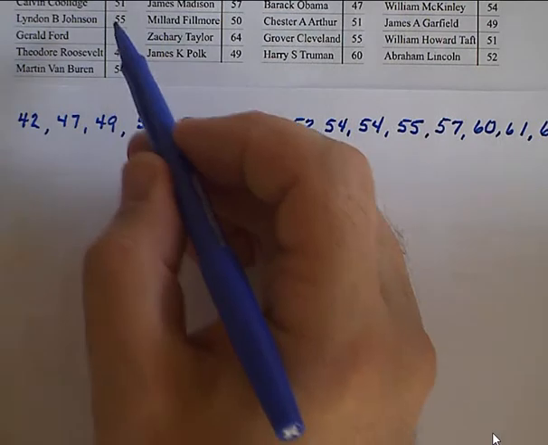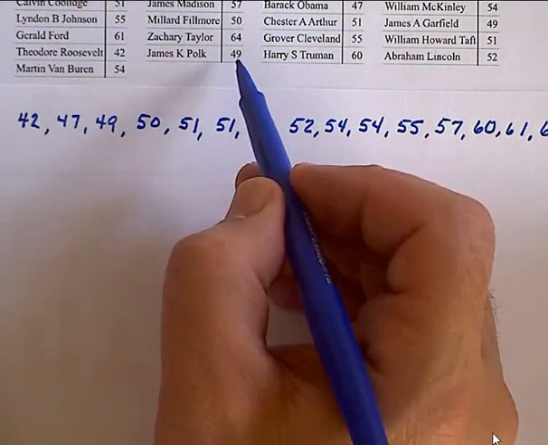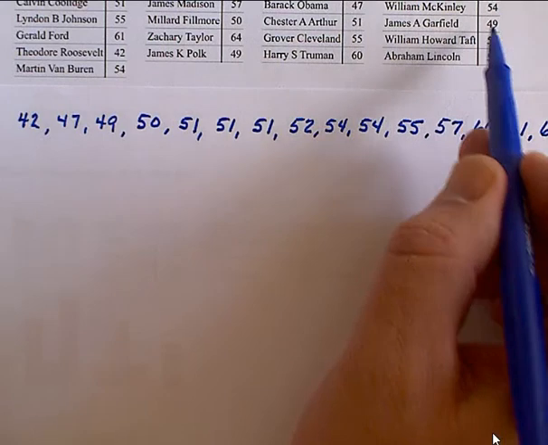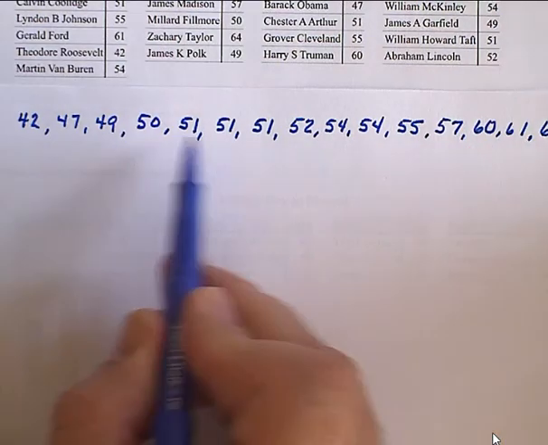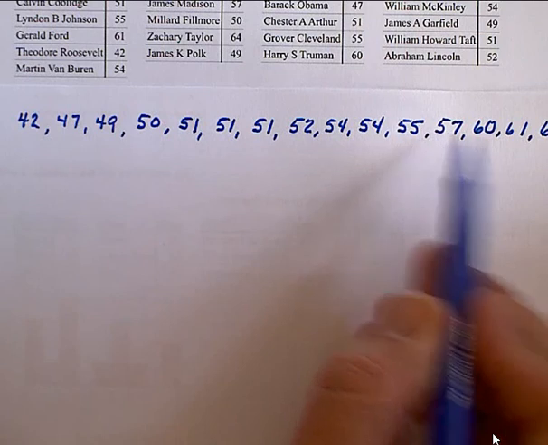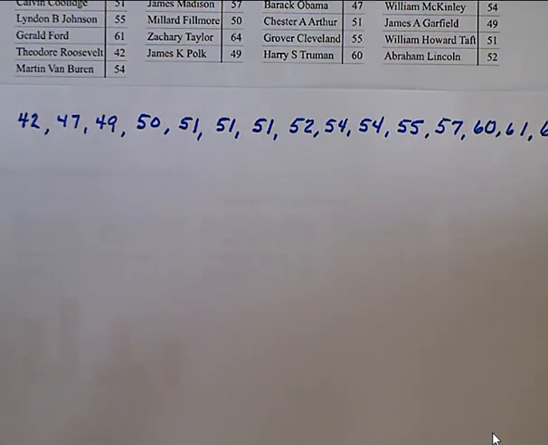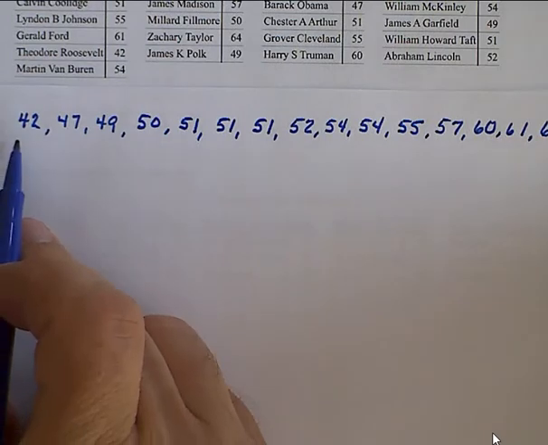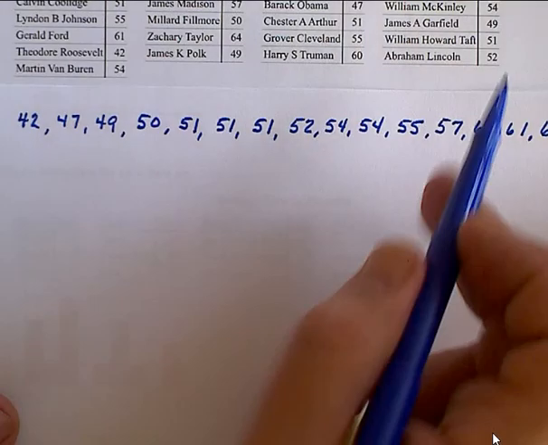So I've got 5, 9, 10, 11, 12, 13, 14, 15, 16, 17, 3, 6, 9, 12. Okay, so I'm missing a couple. Let me find those real quick here. So 42, 3, 4.